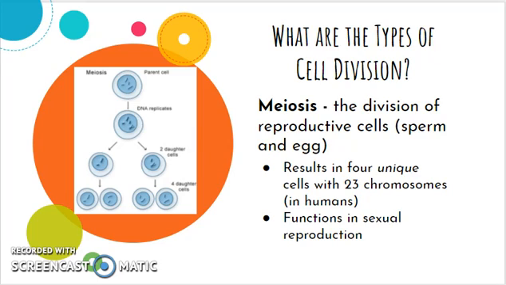And the main goal is to create cells that would be used for sexual reproduction, to make a unique new organism. We're not going to focus on this. You don't need to record anything about this one, but I do want you to know that it exists. Our main focus will be mitosis, the division of all your other body cells.